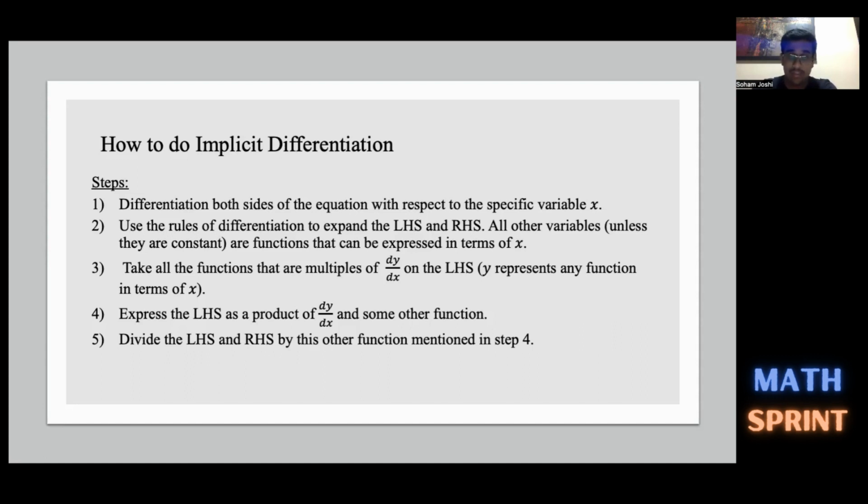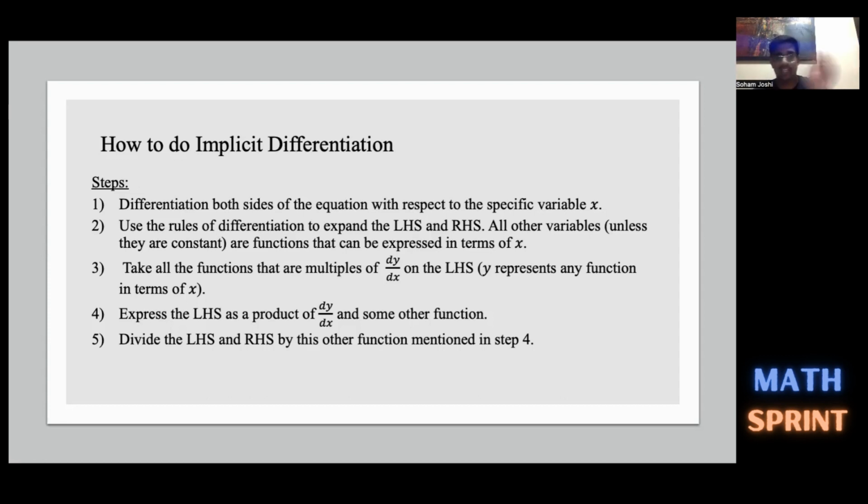Now, let's focus on step 3. Take all the functions that are multiples of dy by dx on the left-hand side. So basically, we're taking all of the dy by dx on one side of the equation. Then express the left-hand side as a product of dy by dx and some other function.